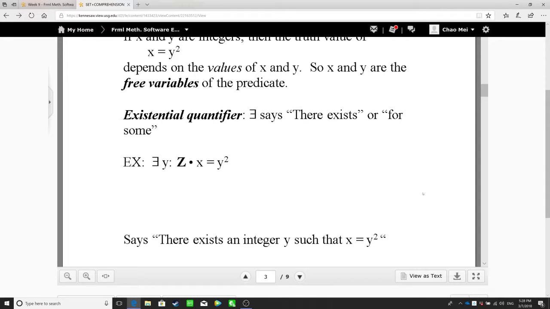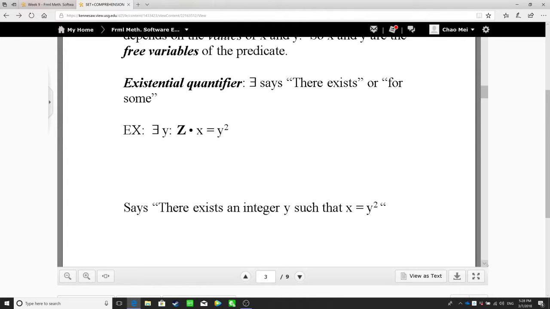For 2, if y is 2, x is 4. We can find its square, so that is true. As long as we can find one, this is true.